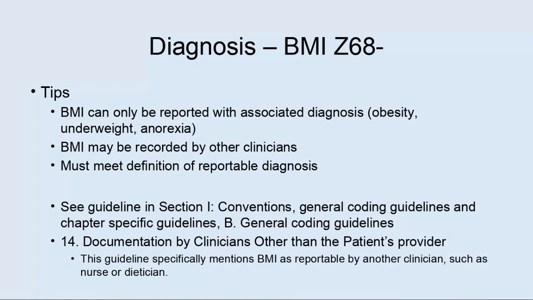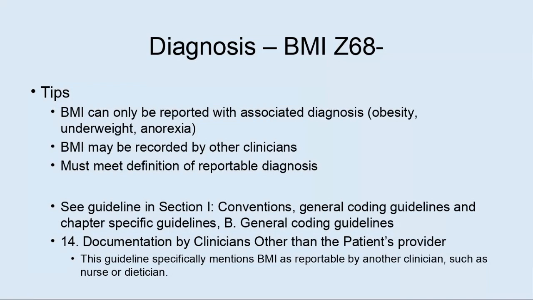So there are other guidelines, and these are kind of hidden because they're not in the section for endocrine, which is where overweight is. They're not under the Z code where the BMI is. They're in the general coding guidelines. These guidelines list a number of conditions that may be reported by people other than the patient's provider, and one of these listed is the BMI.